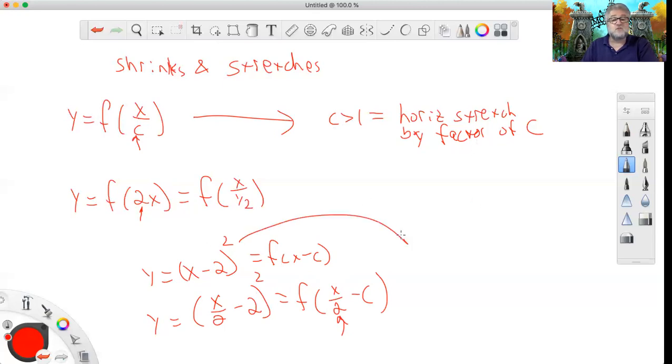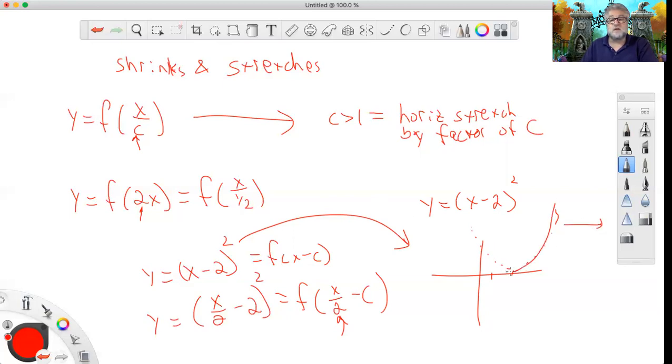So this function here, y equals x minus 2 squared. I go 1, 2, and here would be my normal parabola sticking up. But the 2 in the denominator means I'm going to stretch it by a factor of 2.